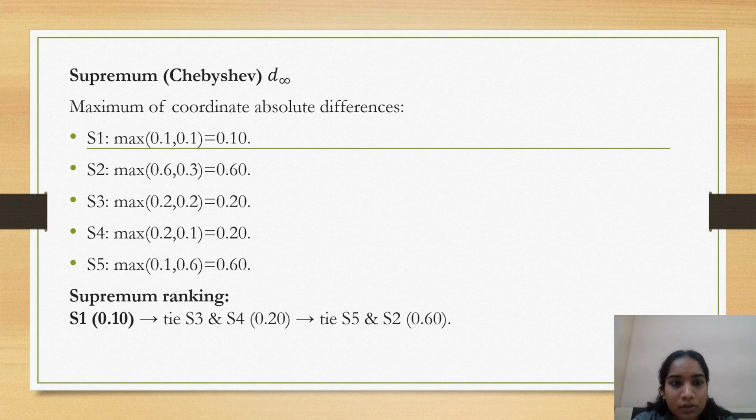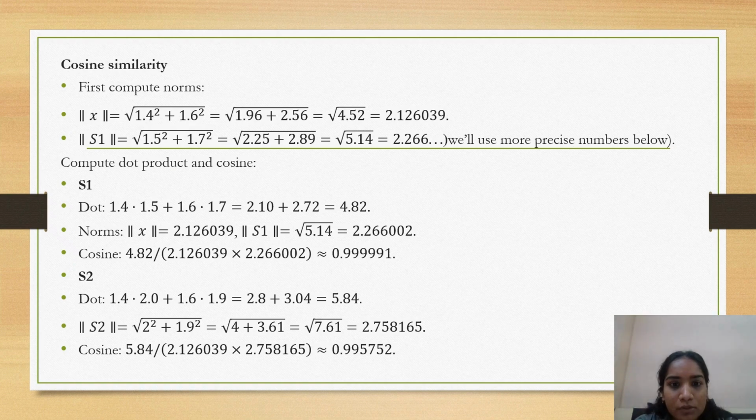Then we see the cosine. This is the supremum calculation. We see cosine similarity. Cosine similarity measures the angle between vectors. Cos theta equals x dot si divided by |x| times |si|.